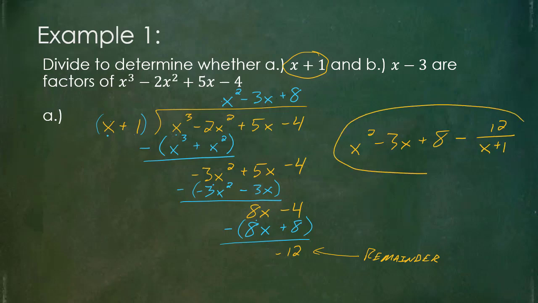And so that would be the result, or an equivalent statement of what happens when I divide that long polynomial, that cubic, by the linear polynomial x plus 1. And in this case, since that was not a remainder of 0, I wouldn't be able to say that x plus 1 is a factor for this specific polynomial.